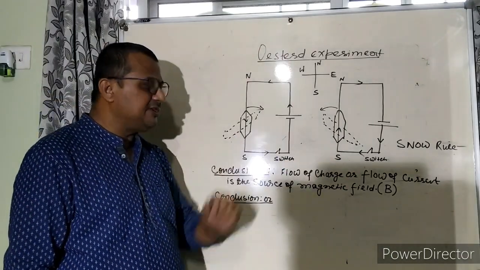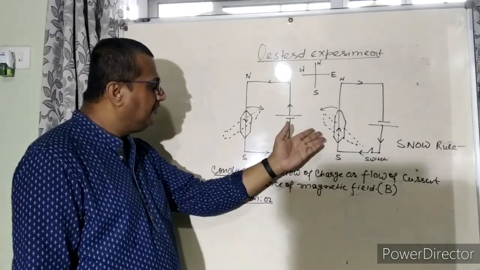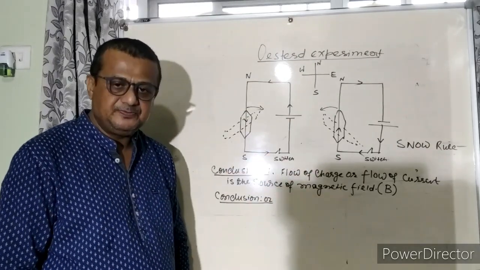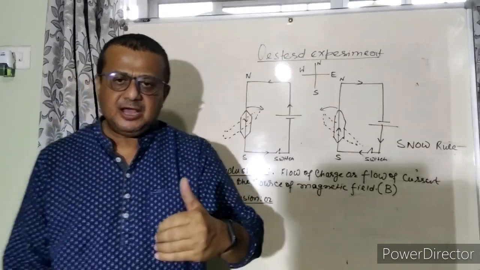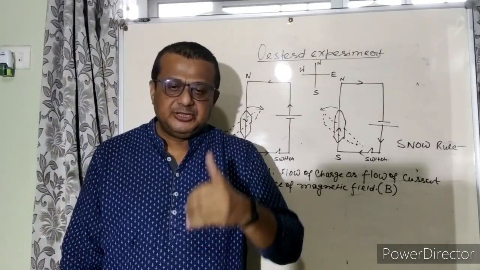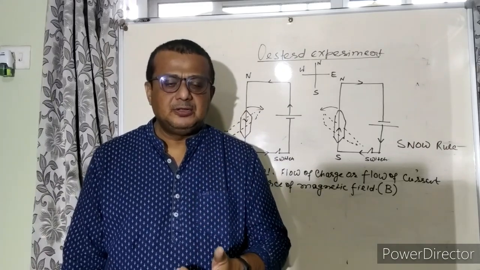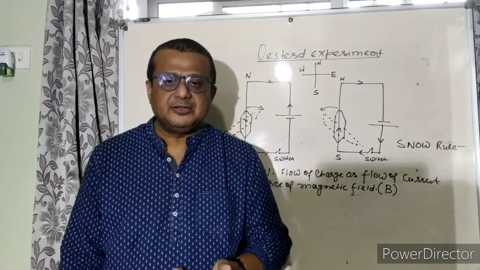When direction of current changes, direction of compass needle changes, and compass needle indicates the magnetic field. It means direction of magnetic field depends on the direction of current.